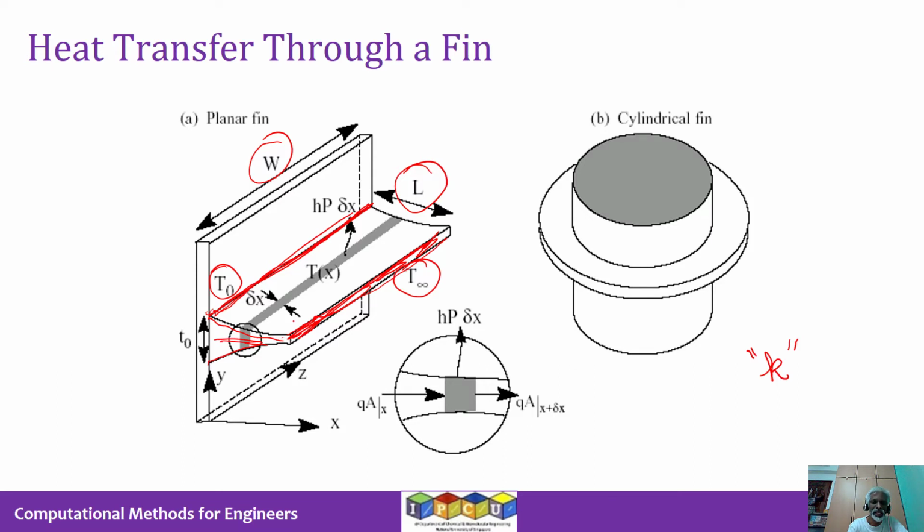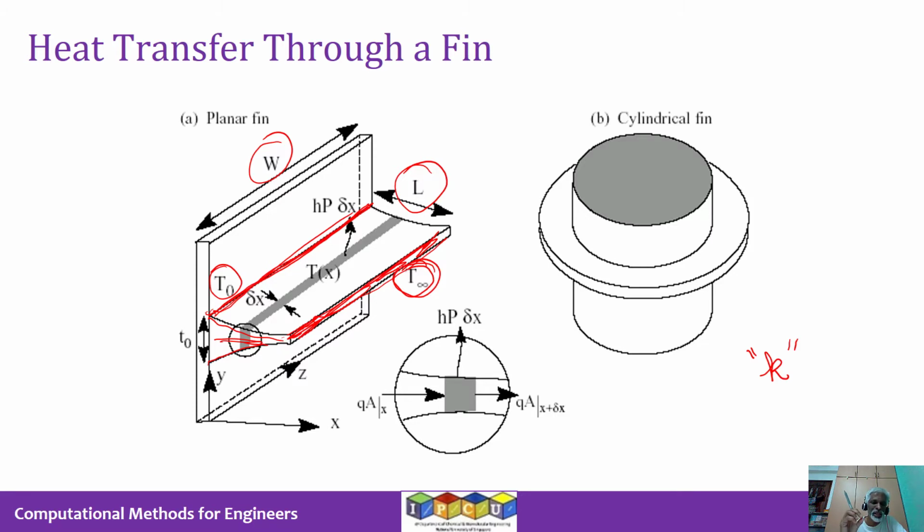But the heat transfer from the fin to the outside fluid or outside air, which is at a temperature T infinity, is going to happen by convective mechanisms. Convection is a heat transfer mode in which you have a solid liquid or a solid gas kind of an interface. So across a solid liquid interface or solid gas interface, you will have convective heat transfer.